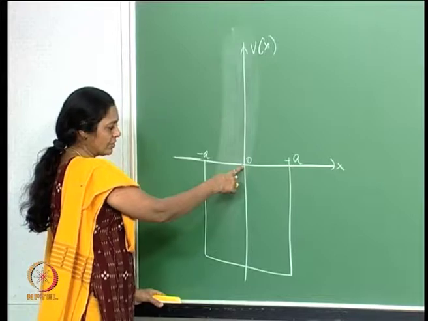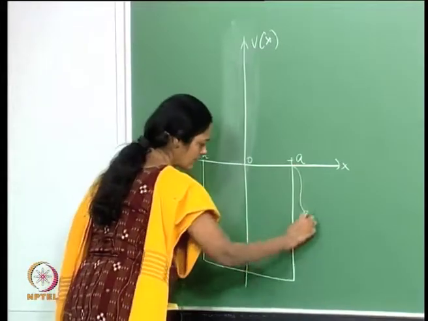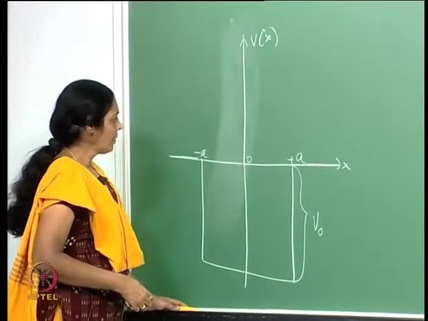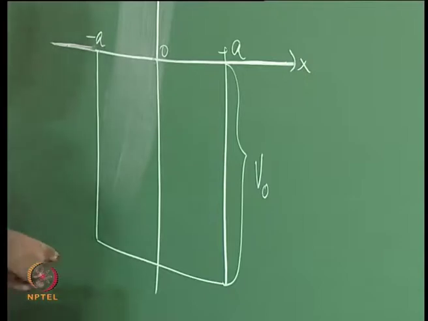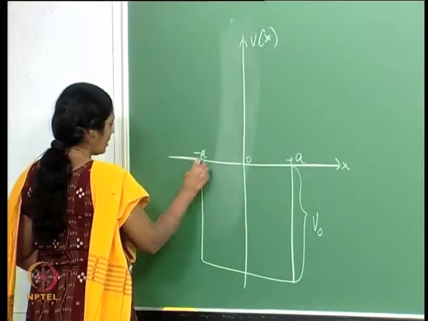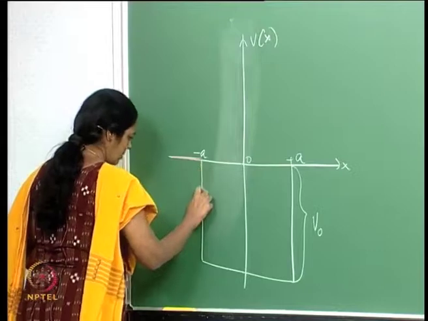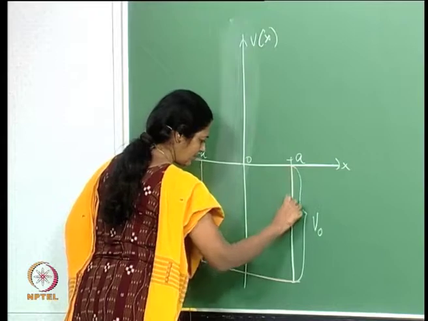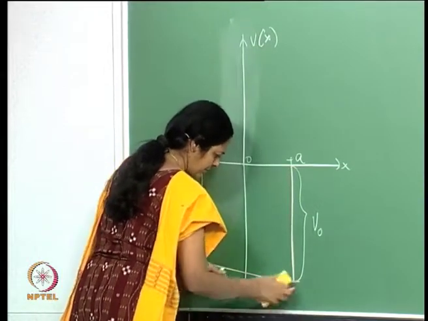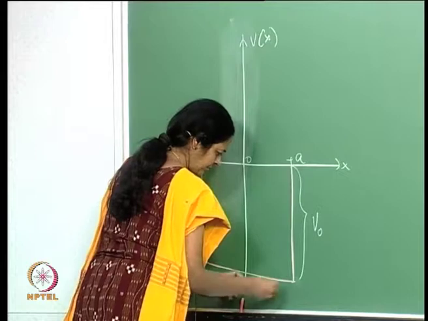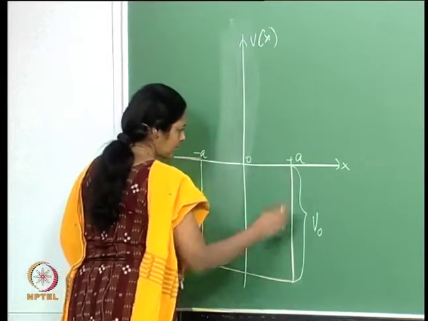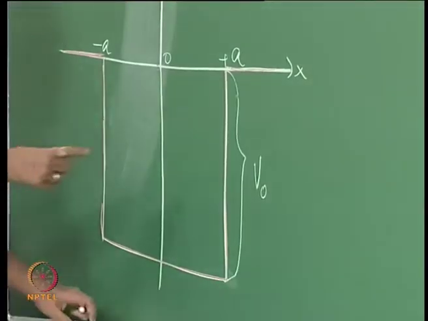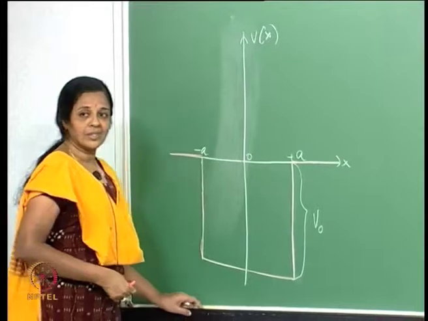Since this is the origin, anything below is negative, let that height be V naught. And therefore, let me use another chalk, a potential of this kind. So you see, if you can see the difference between the white and the pink colors that I have used.